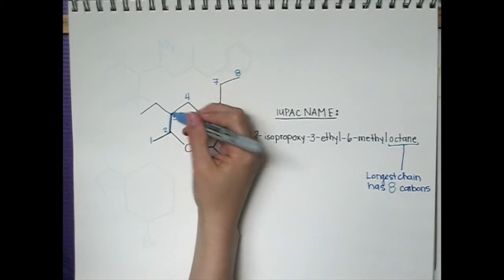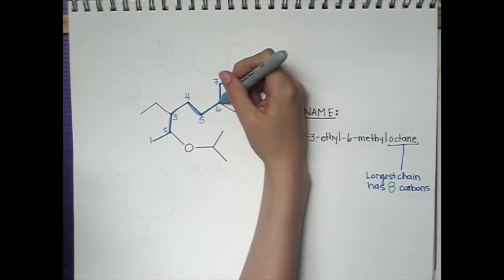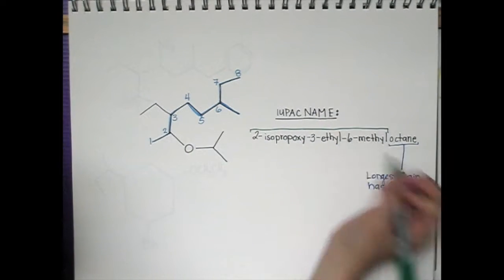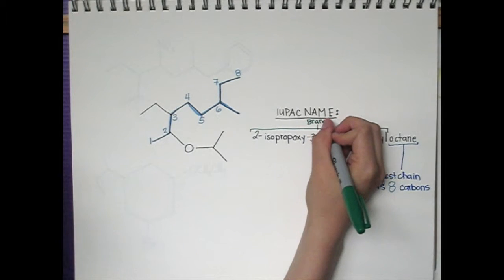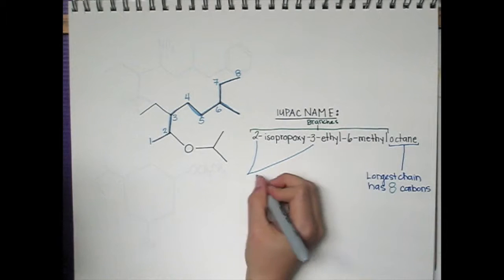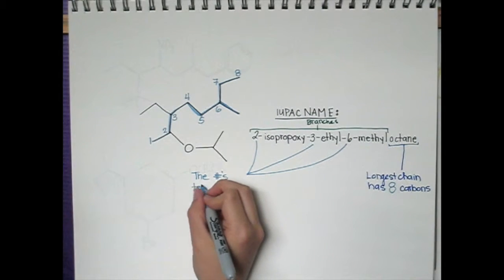I want to darken it with this blue so it's easier to see. Now we're going to look at our branches. The numbers in front of the branch names tell you what carbon that branch is attached to from the main chain.